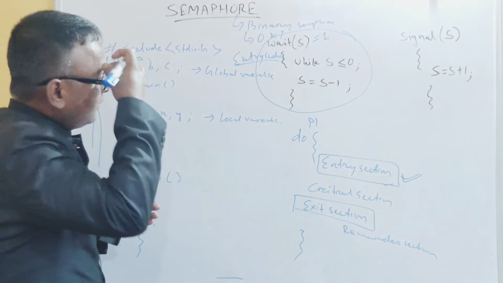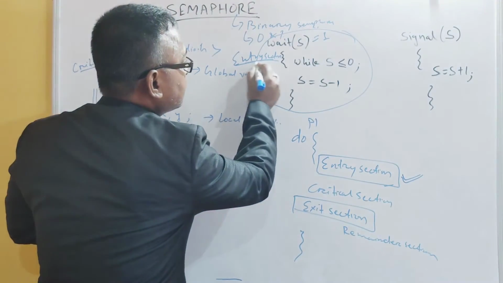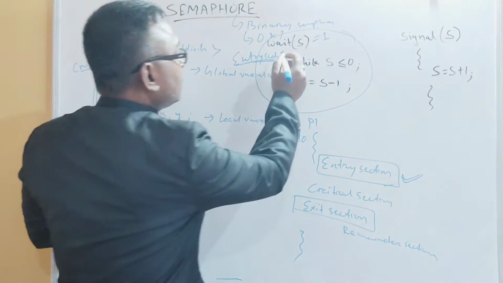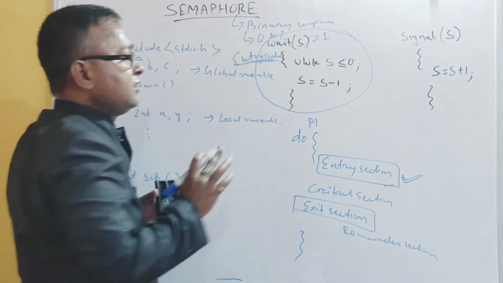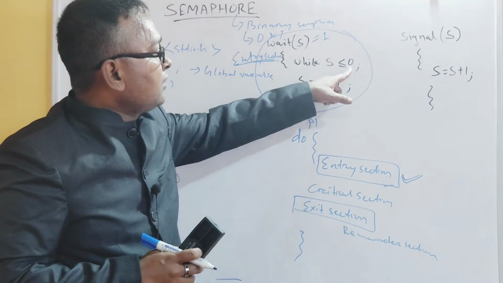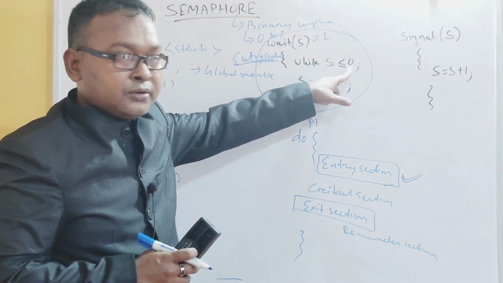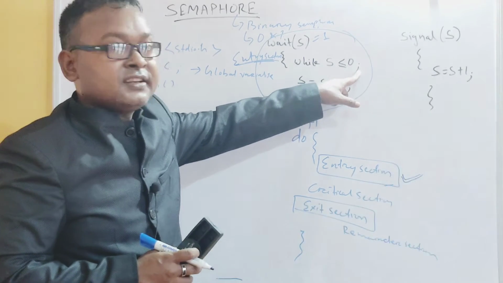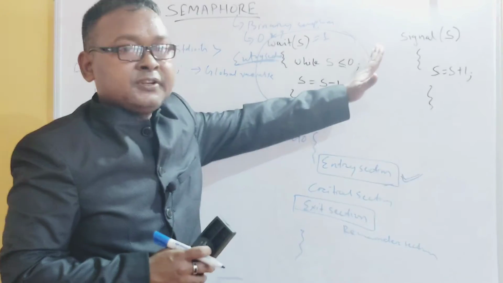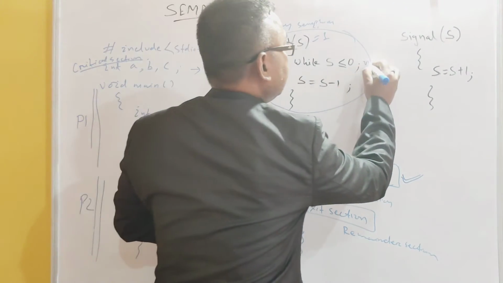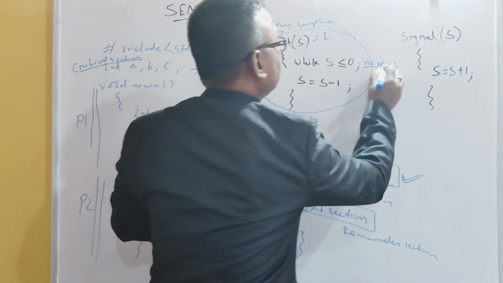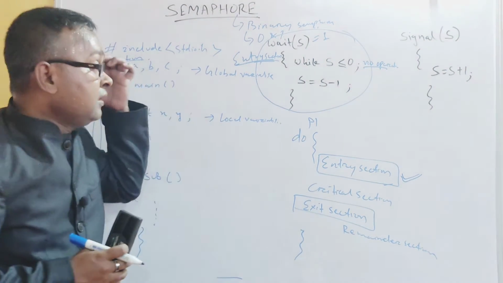So now process P1 executes wait. The semaphore value is 1. While S is less than or equal to 0, there is a semicolon there, meaning no operation, it stops there.